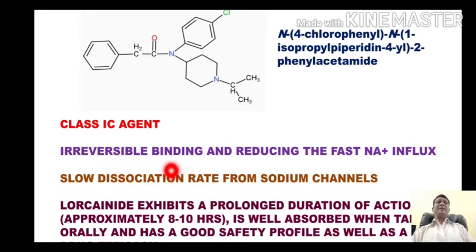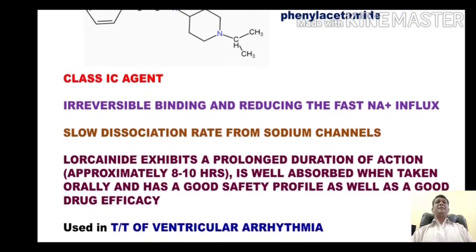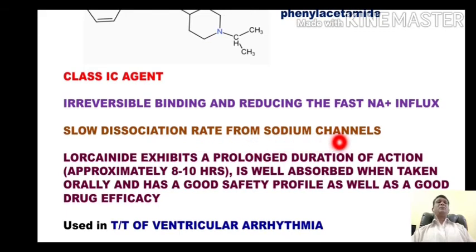Irreversible binding means this compound will bind with the sodium channels for a very long period of time and remain there intact, and thus depress the sodium movement across the sodium channels, and its dissociation from the sodium channel is very slow.